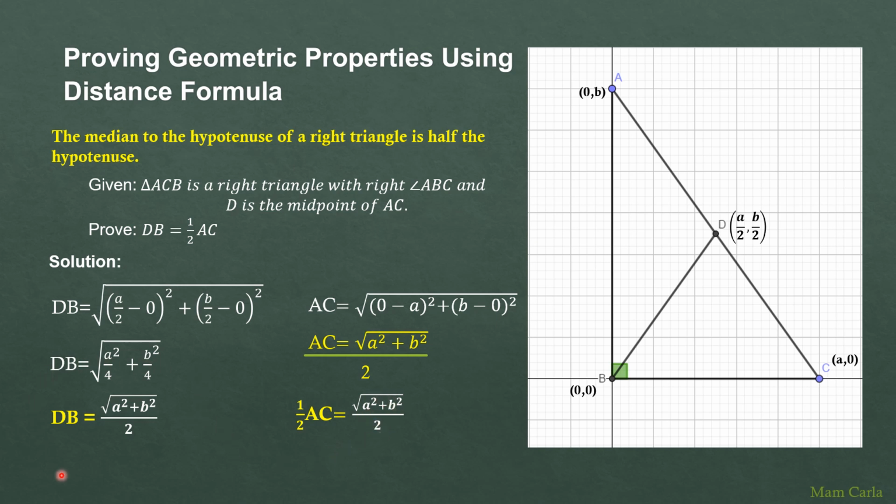We have noticed here that DB and 1/2 AC are both equal to the square root of a squared plus b squared over 2. So we can then say that DB is equal to 1/2 of AC. It is a proof that the median to the hypotenuse, which is the line segment DB, is half of the hypotenuse.